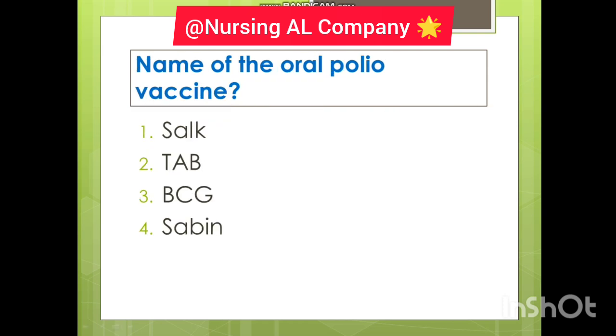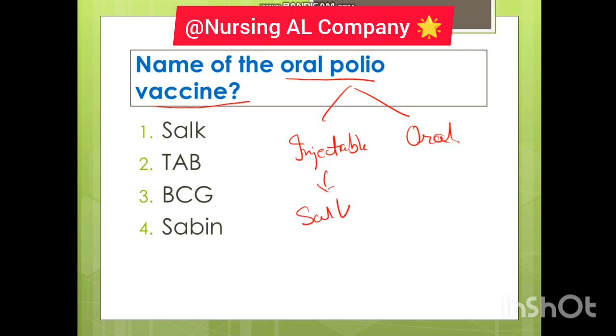Next, name of the oral polio vaccine. The polio vaccine consists of two types: the injectable one and the oral one. The injectable one is known as Salk, and the oral one is known as Sabin.